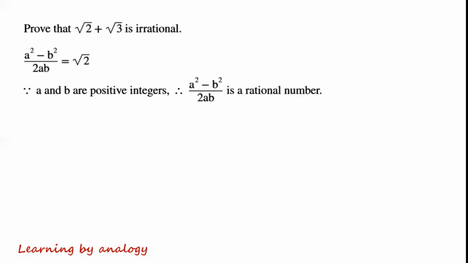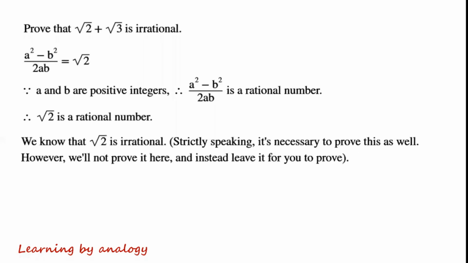Because a and b are positive integers, a squared minus b squared over 2ab is a rational number. So root 2 is a rational number. We know that root 2 is irrational. Strictly speaking, it's necessary to prove this as well. However, we'll not prove it here, and instead leave it for you to prove.